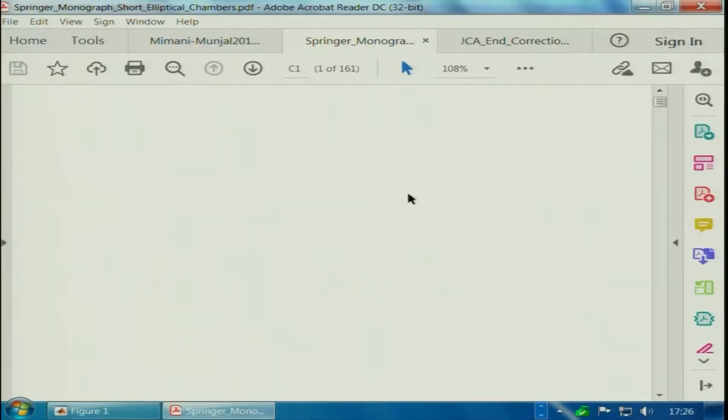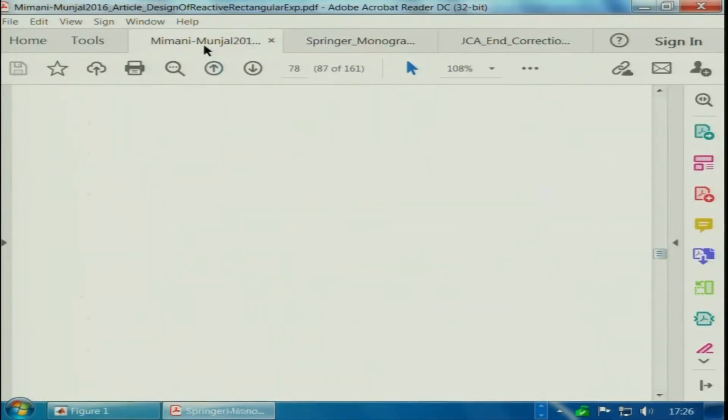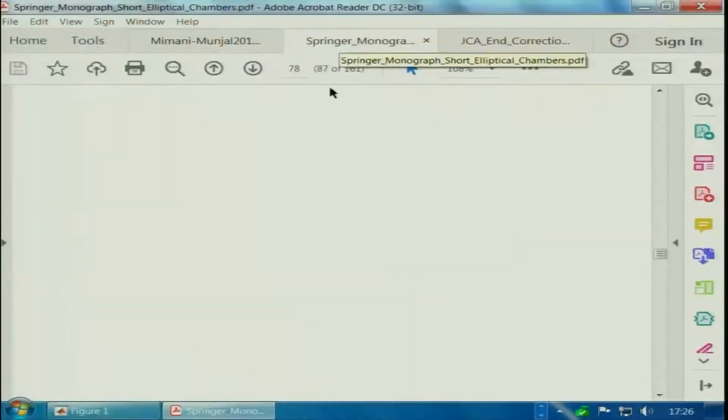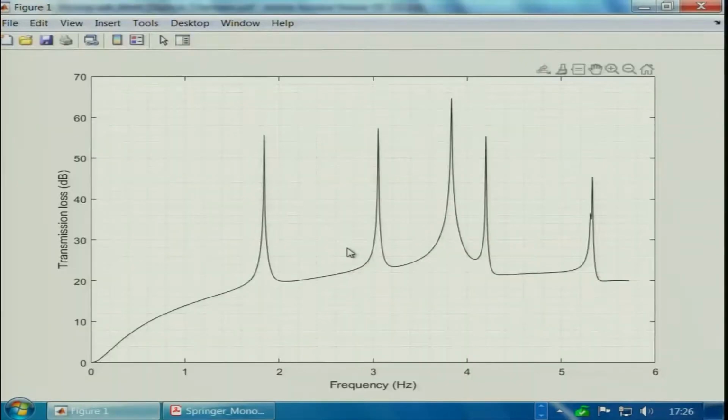It is not loading somehow, I am not sure why, but anyhow the point is that even a short chamber can get you a broadband attenuation. If you continue beyond, it is going to fail at a much higher frequency, probably about k naught R naught equal to 6.8 or 6.9, something like that.